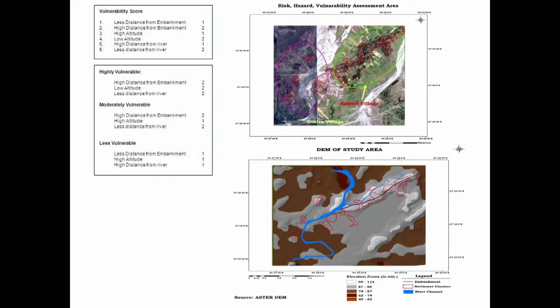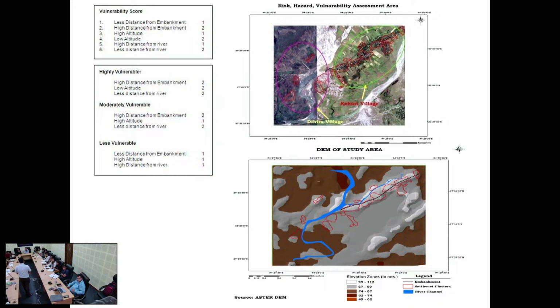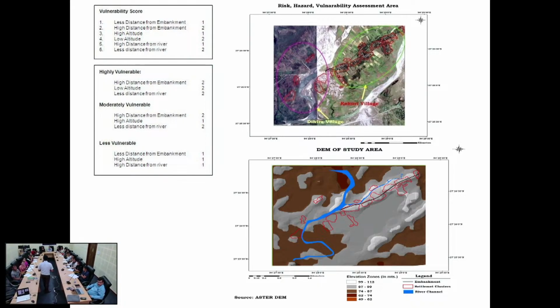So we have to use the elevation data and the distance of the built up areas from the river or the embankment. If the distance is very short and the elevation is low, then we rank it high, meaning the vulnerability will be high. Likewise, we do the mapping.